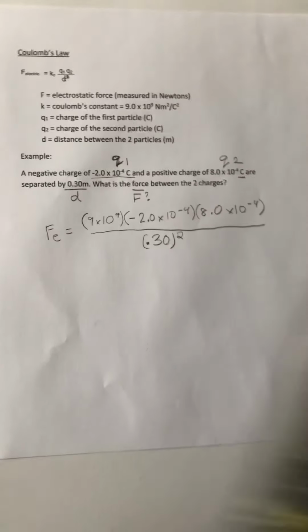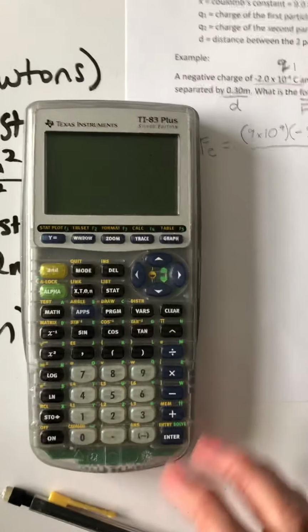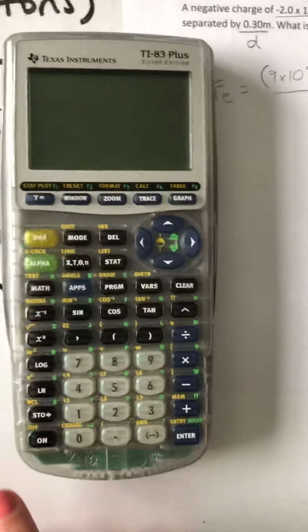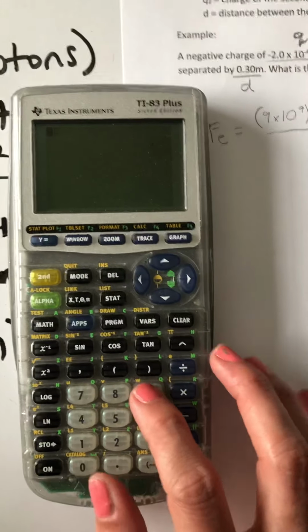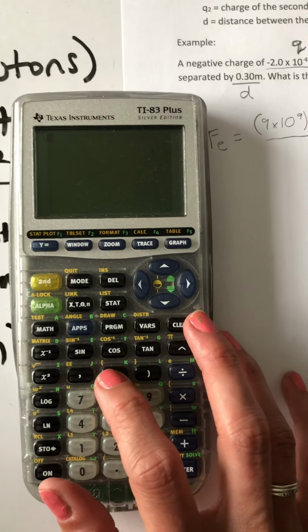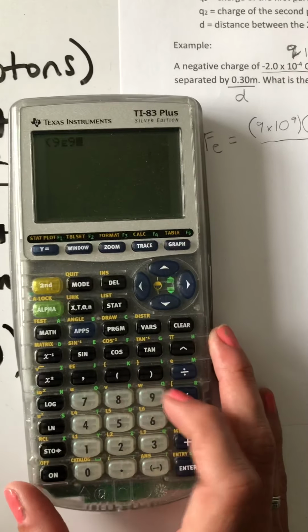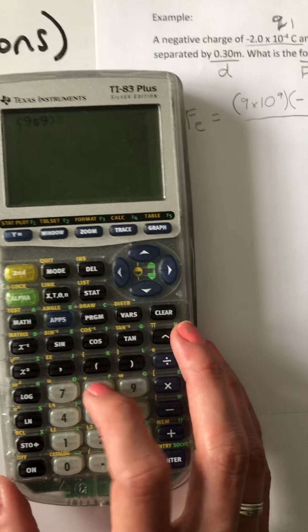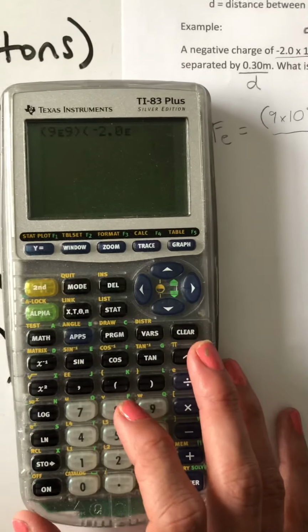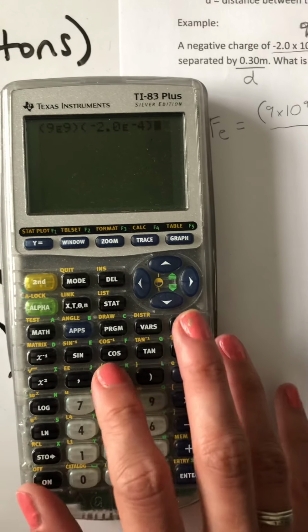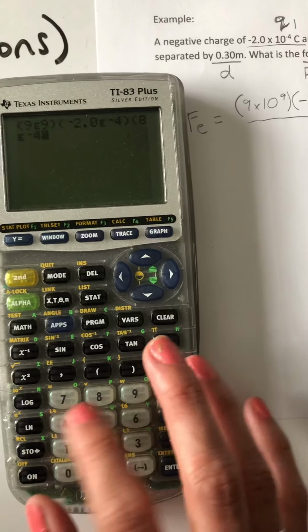Then I'm going to get out my trusted calculator and plug all these numbers in. This might be a harder part for some of you, so make sure you're using all the parentheses and that you know how to do scientific notation in your calculator. I'm going to do 9 times 10 to the 9th, negative 2 times 10 to the negative 4, and 8 times 10 to the negative 4.